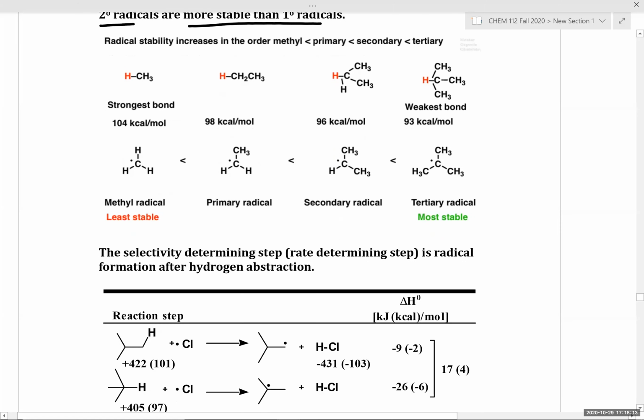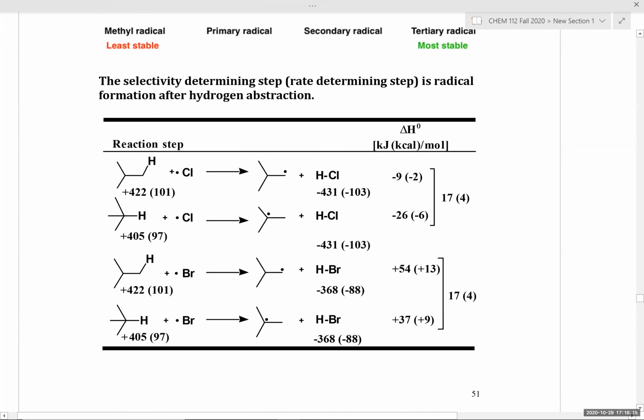So, if we think about the energetics for this reaction, the selectivity determining step or the rate determining step for this radical bromination or chlorination is radical formation after hydrogen abstraction. In this case, we're comparing a primary versus a tertiary position, and we're comparing bromination versus chlorination.